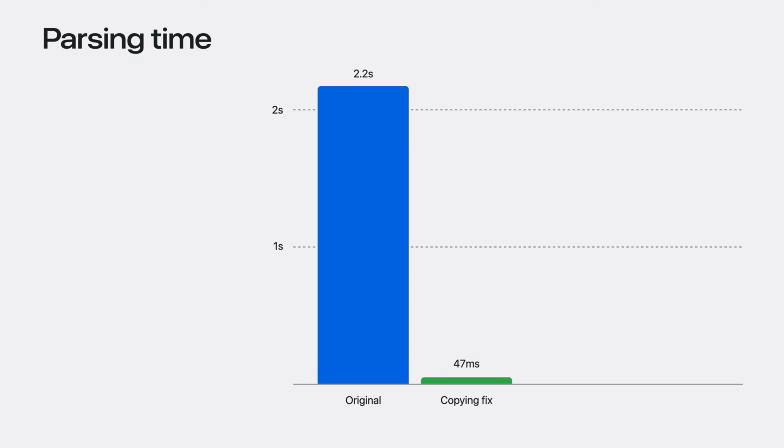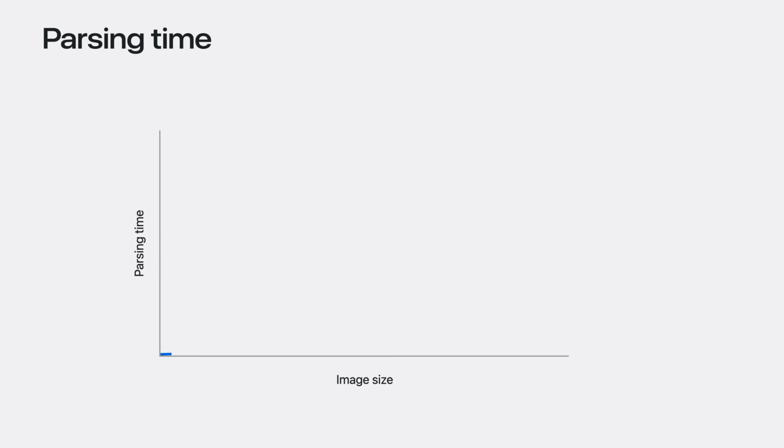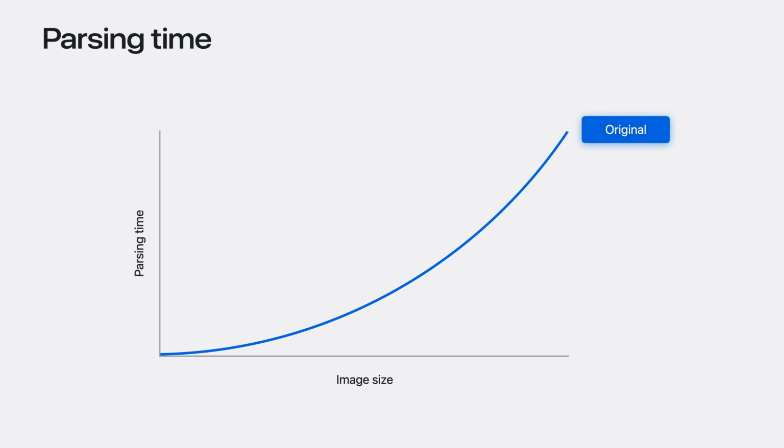When I benchmark my code, I can also see an absolutely huge speedup as a result of that change. That's fantastic, but with an algorithmic change like this, the absolute change isn't necessarily the whole story. In my original version, the relationship between the size of the image and the time it took to parse was quadratic. As the images I was parsing got larger, the time it took to parse got drastically longer.